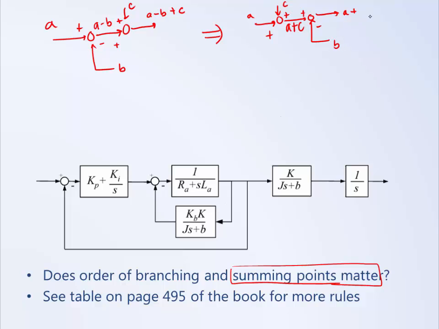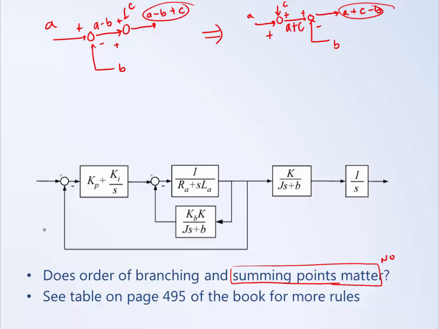So then we have A plus C minus B. Looking at that, we've got the same signals with the same signs. It's just that the order of the addition and the subtraction changed. It turns out that that doesn't matter. These are exactly equivalent. It doesn't matter, 5 plus 4 is the same thing as 4 plus 5. So just as the order of branching didn't matter, the order of summing doesn't matter either.